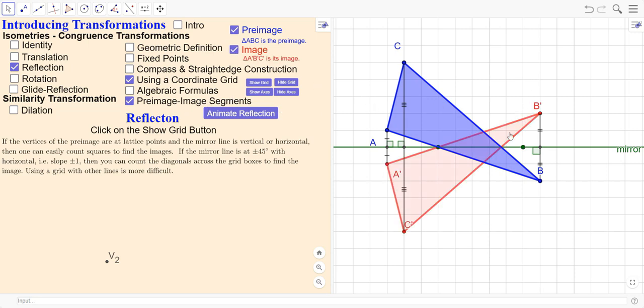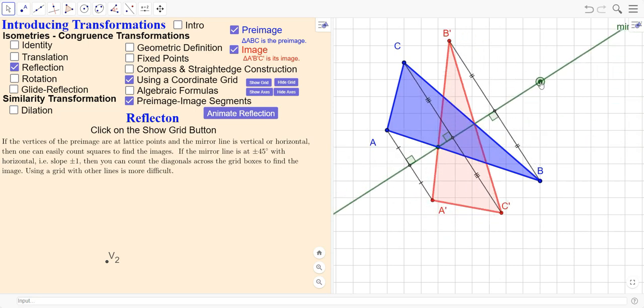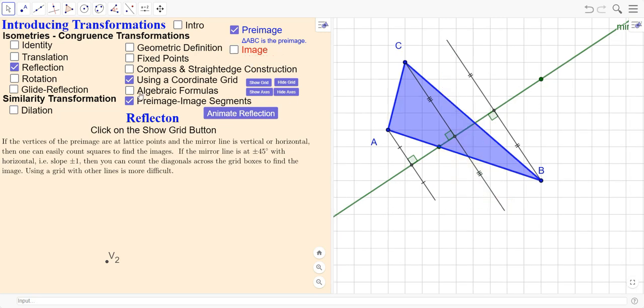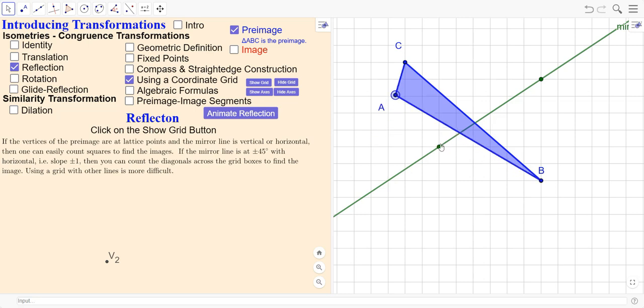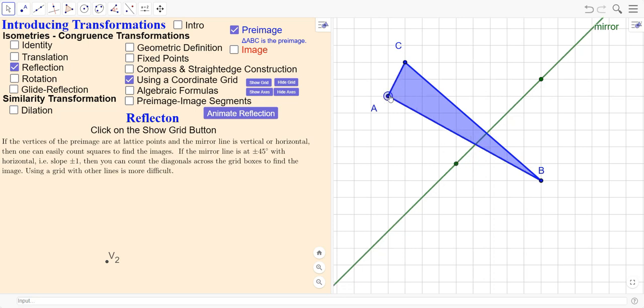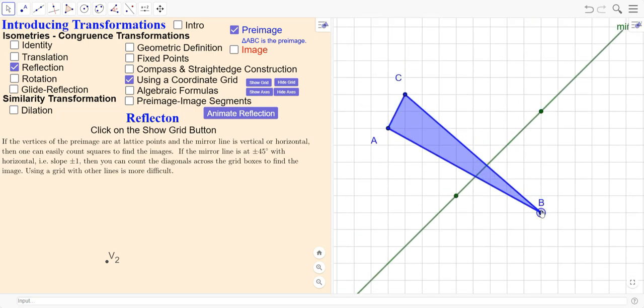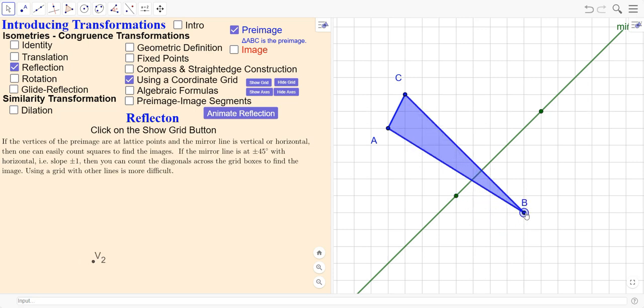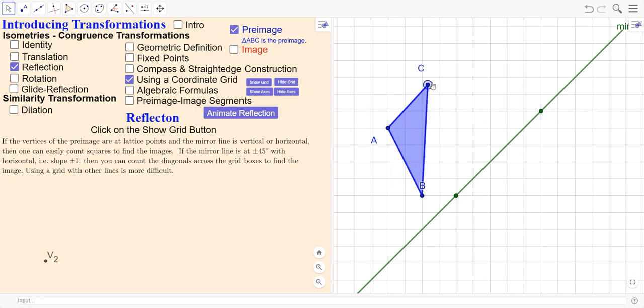So that's pretty easy. Also pretty easy, but a little bit harder perhaps, is looking at what happens if you've got a line with a slope of 1, in other words, it's 45 degrees with the horizontal. Let's make one, let's say like this.